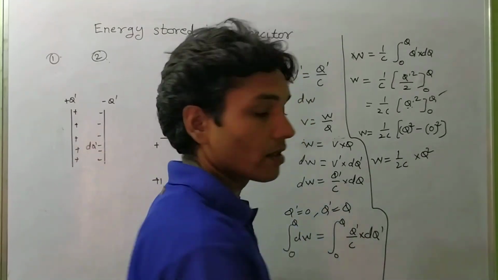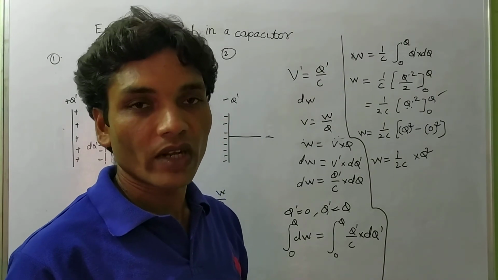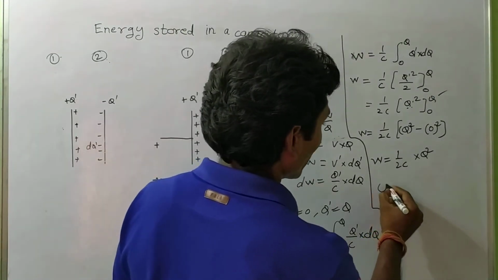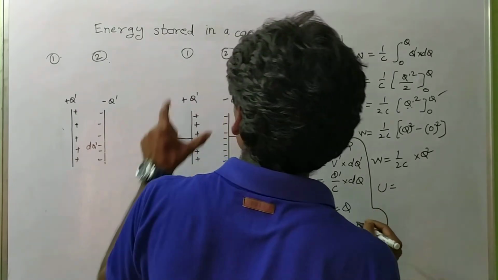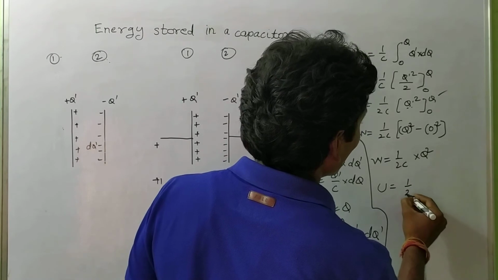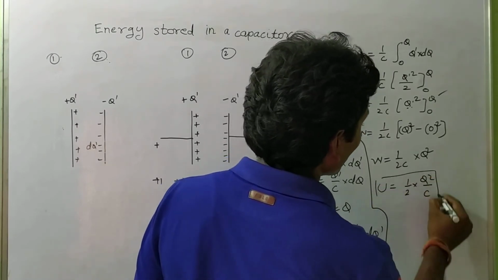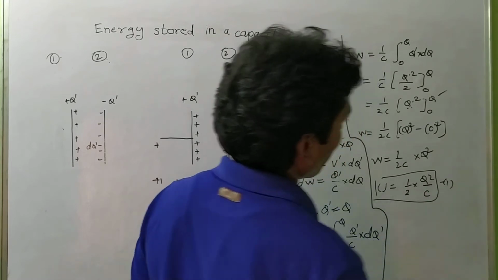This is the work done, and this work done is stored in the form of potential energy. So the potential energy between the two plates will be U equals 1 upon 2 into Q square upon C. This is equation first.